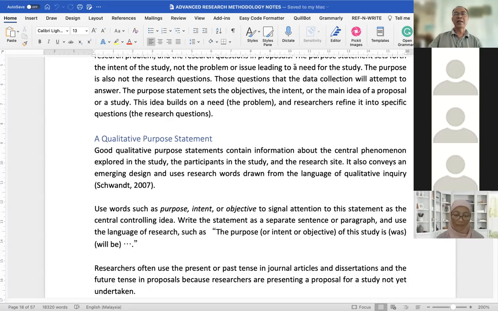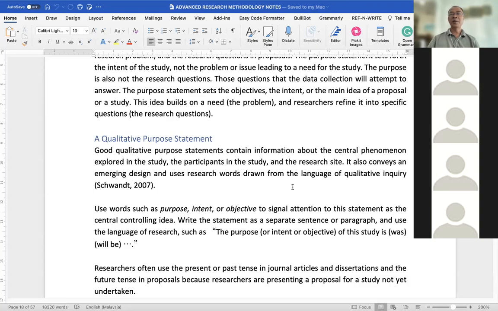Rarely do we find qualitative research that studies certain types or groups of people, certain individuals, or certain locations.